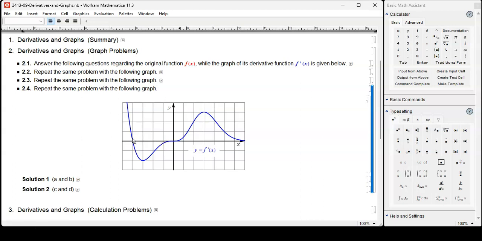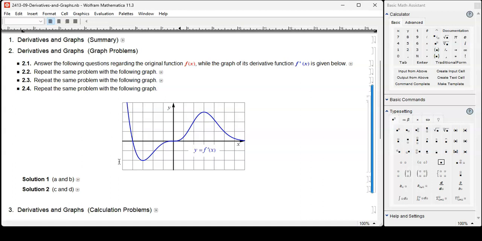Less than -4, positive derivative; between x equals -4 and 0, negative derivative; greater than x equals 0, positive derivative. So you can answer increasing and decreasing accordingly.